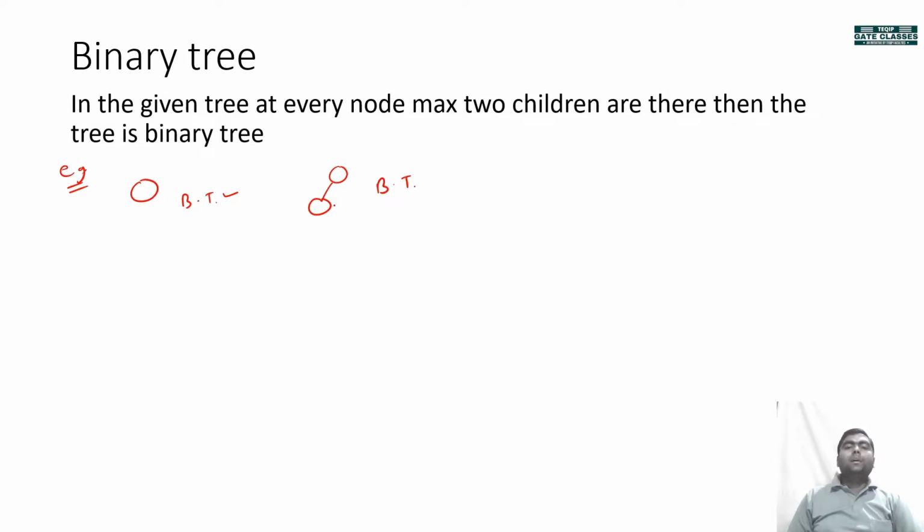What is the meaning of maximum two children? Maximum two children means 0, 1 or 2 children are allowed. Maximum means you can go up to that extent and not more than that.